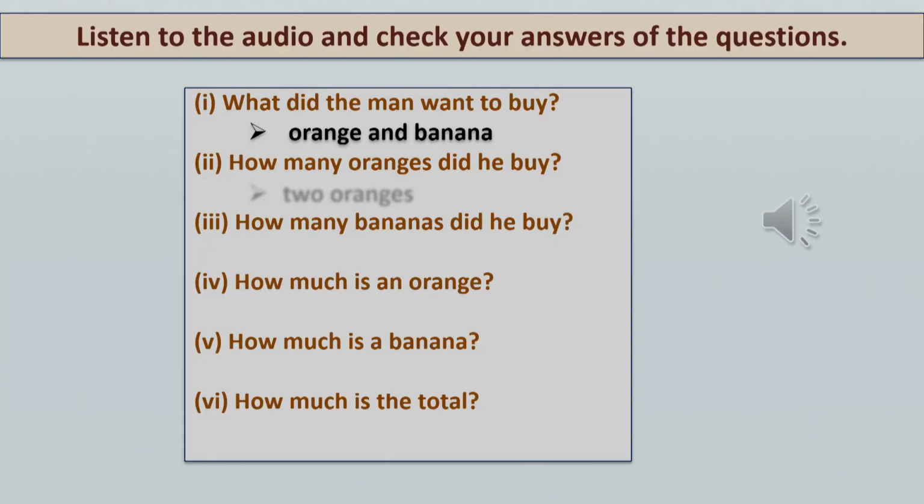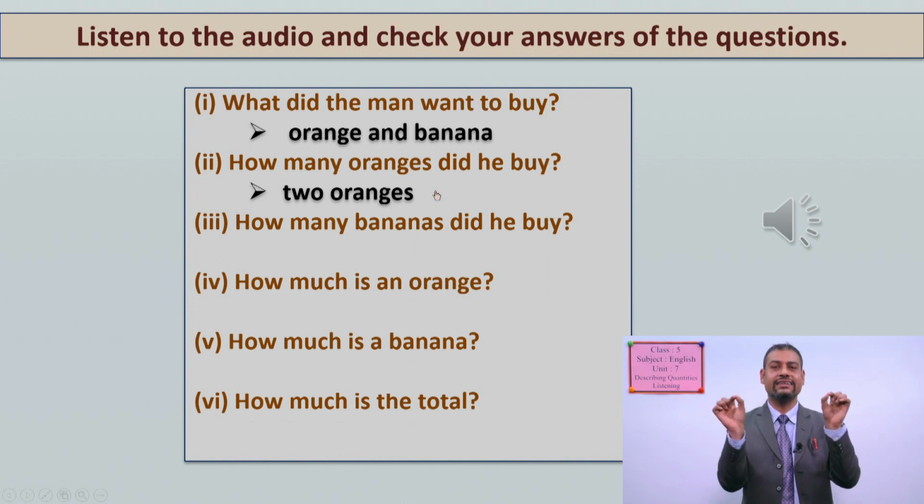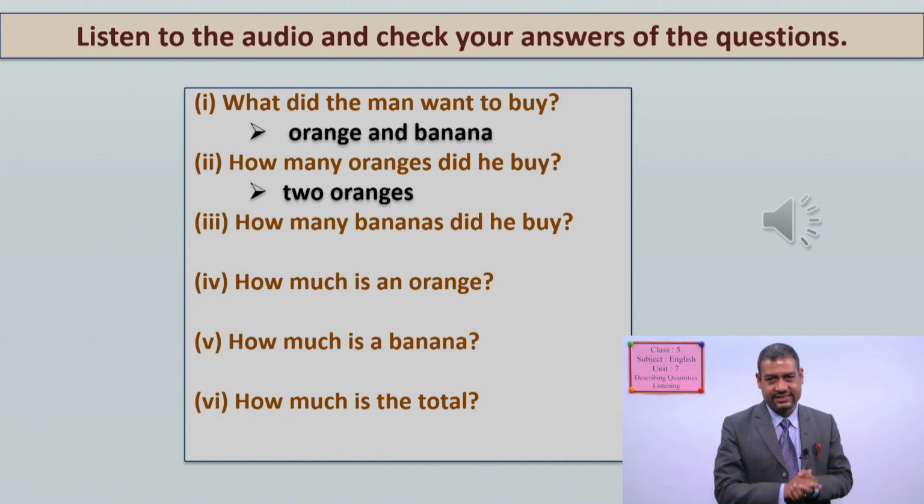Yes, your answer should be C, 2 oranges. Okay, he bought 2 oranges. See, in the audio it is clearly said 2 oranges. Okay, he said 2. That's why your answer should be 2. So here also you don't need to write down he wanted to buy 2 oranges.